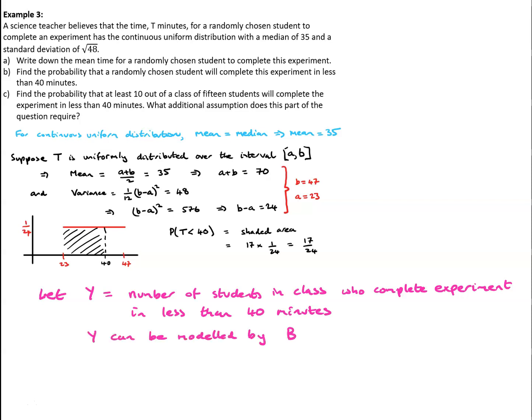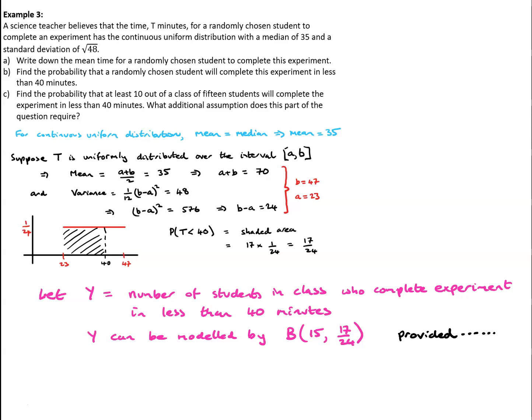Then y can be modelled by the binomial distribution with n equals 15 and p equals 17/24, provided we regard the students in the class as working independently of each other and also having the same probability that they will complete the task in less than 40 minutes.